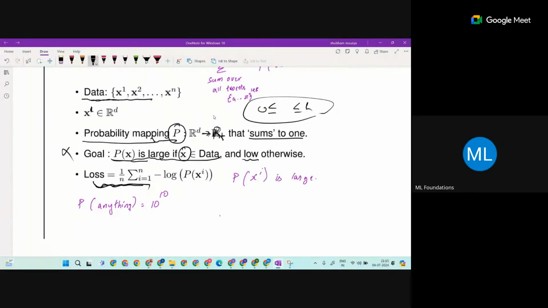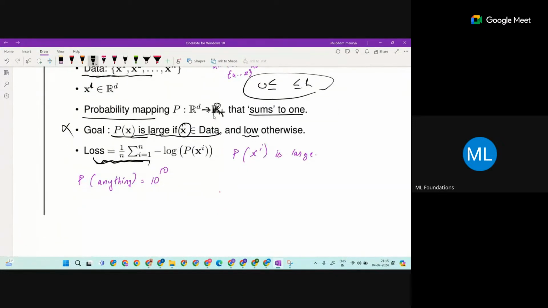So the loss is just finding the log value of whatever probability you are getting for each data point. Just as with an encoder and decoder, or in regression itself, you have some model given and you get some real value.